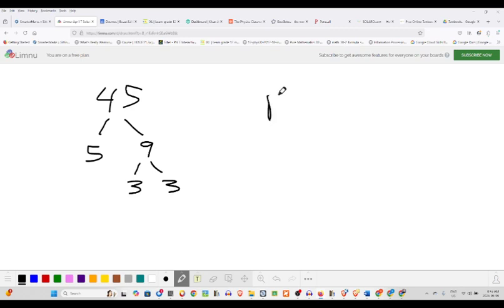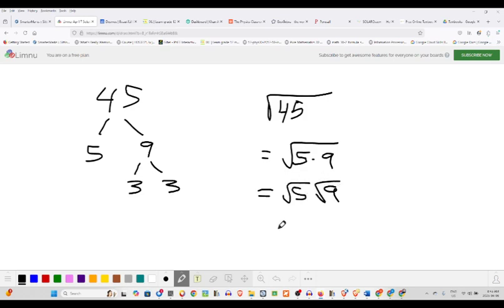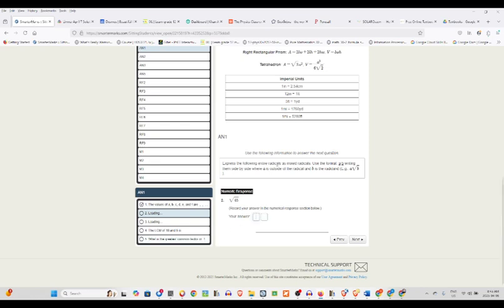So if 45 is the same as 5 times 9 under our root, that's root 5 times the square root of 9. The square root of 9 is 3, so we have a 3 root 5. So then the answer as we record it is 35.